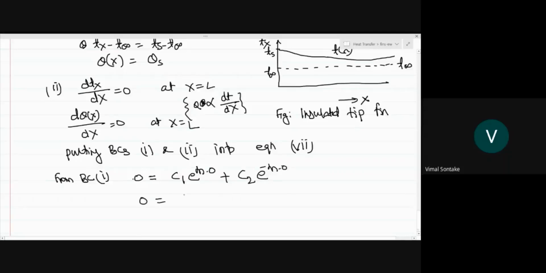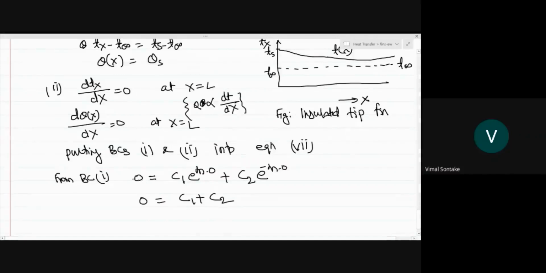So after putting the boundary condition into equation 7, I will get the relationship. Oh, extremely sorry.